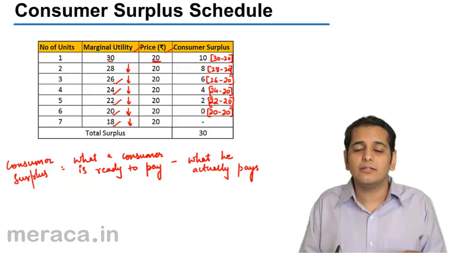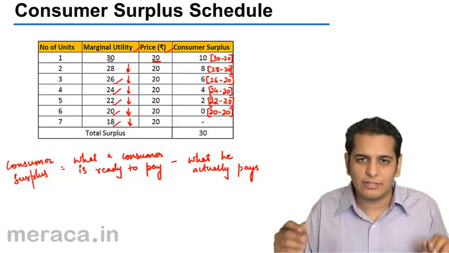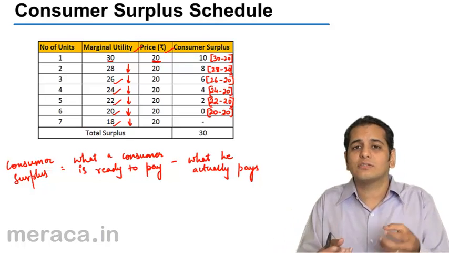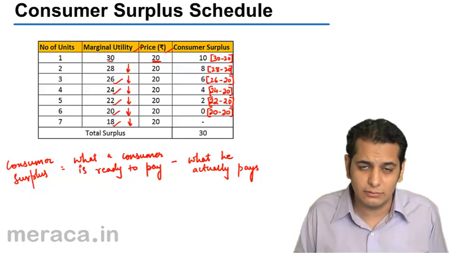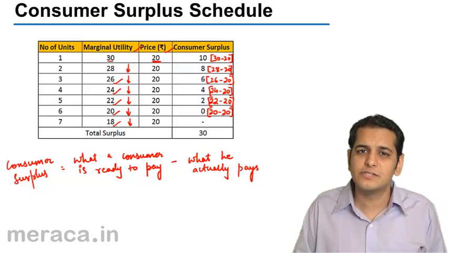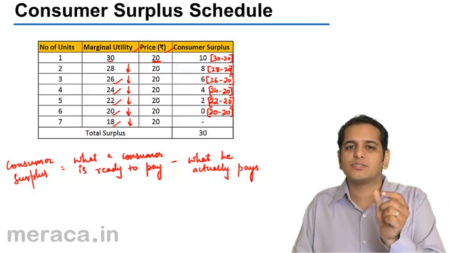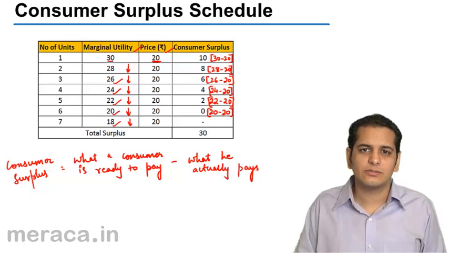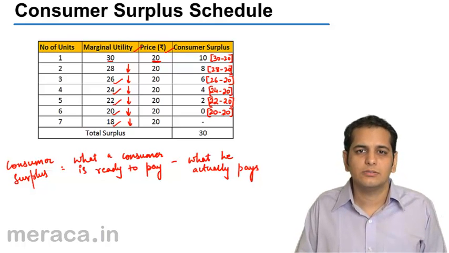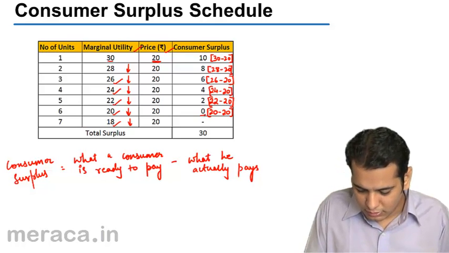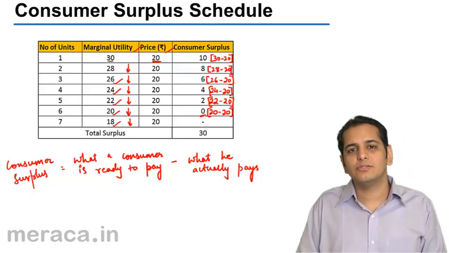He is paying what is actually the cost, and that cost is equal to the utility he is deriving. So 20 minus 20 will give him no excess. There is no surplus. Thus, the consumer surplus at this level is 0.